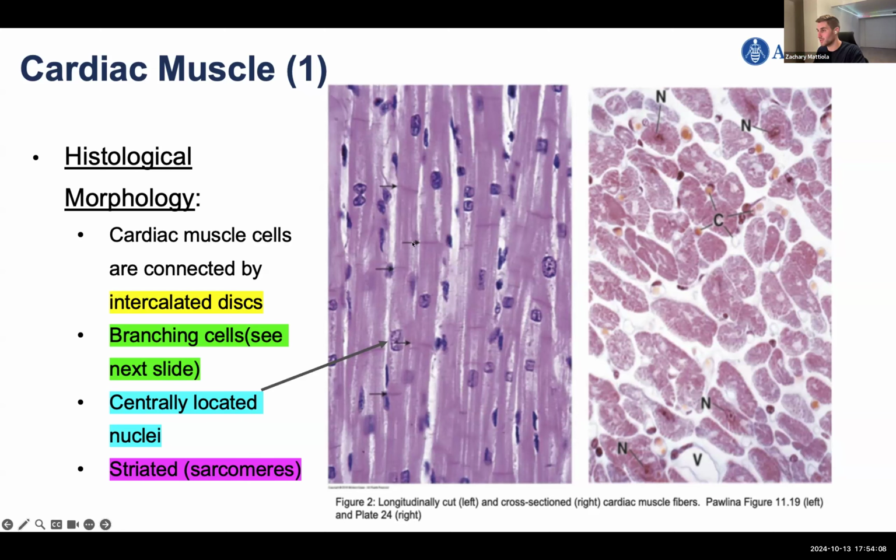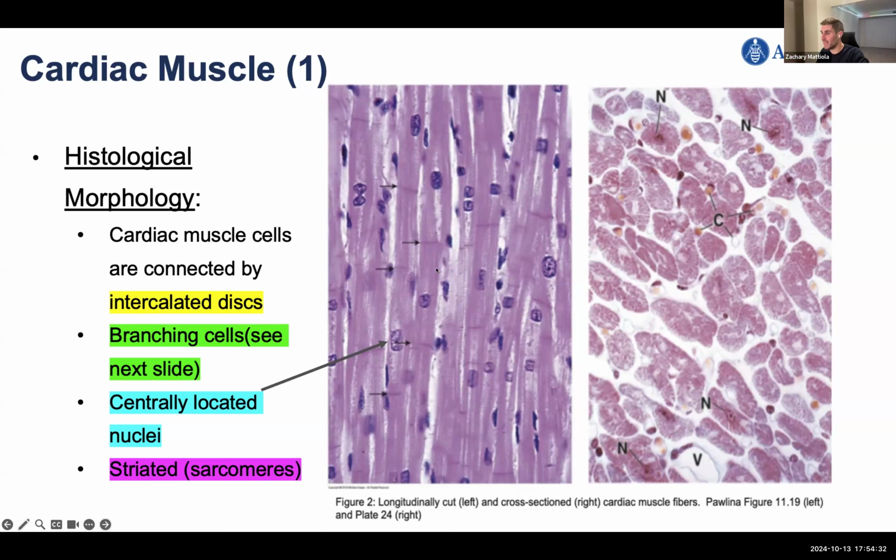Don't worry about what the intercalated discs are. Just know that this is an individual cell here, this is an individual cell here, this is an individual cell here. Okay. They also are branching. You can't really see the branching that well in this image, but trust me, they're branching.